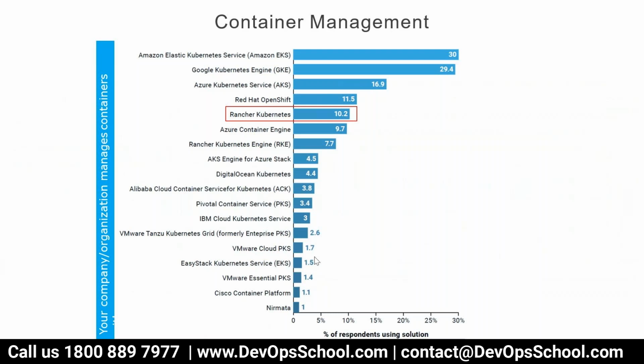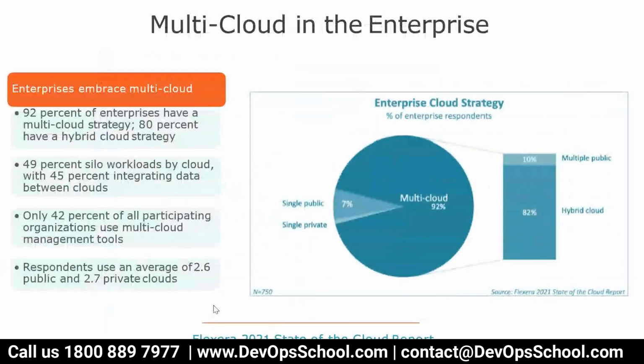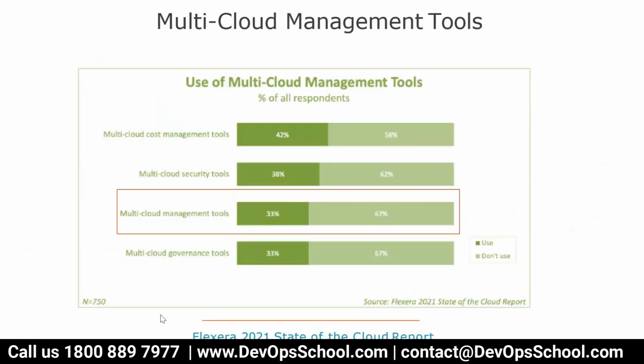Look at this: these are the container management platforms being used. Multi-cloud in the enterprise: you know that we are using multi-cloud, like Azure and Google Cloud. Rancher supports multi-cloud, and this is the reality.